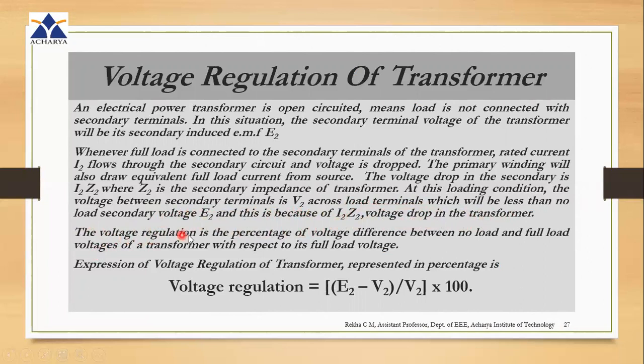Hence, the voltage regulation is the percentage of voltage difference between the no load and the full load voltages of the transformer with respect to its full load voltage. That is the ratio of the difference of the no load voltage and full load voltage divided by full load voltage. So in terms of percentage, we need to multiply by 100. So this is the voltage regulation of a transformer.